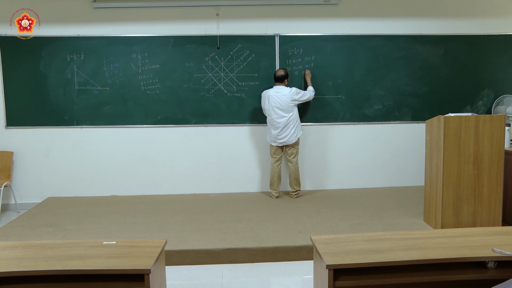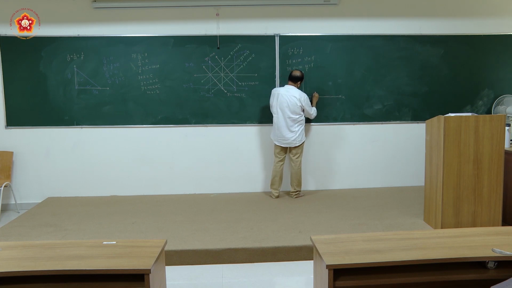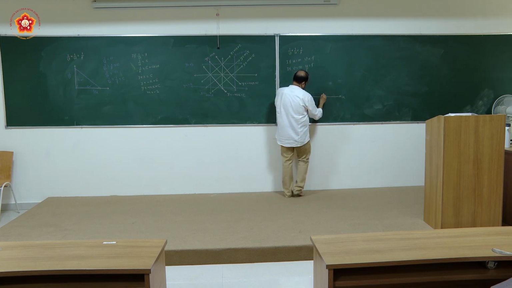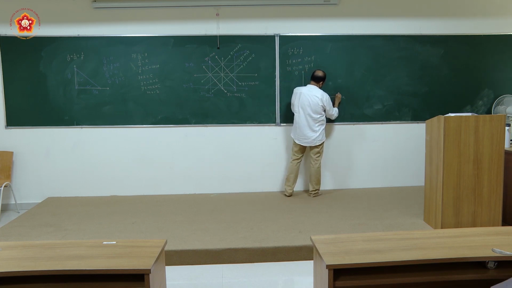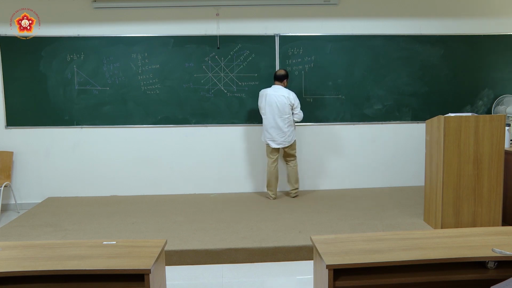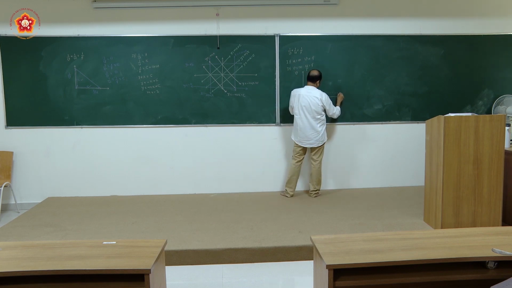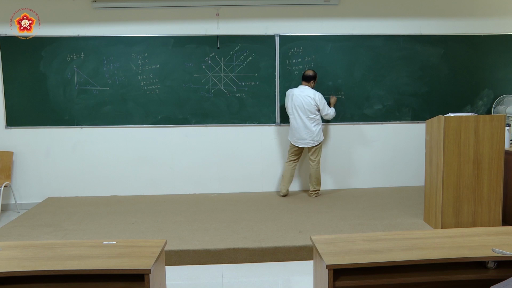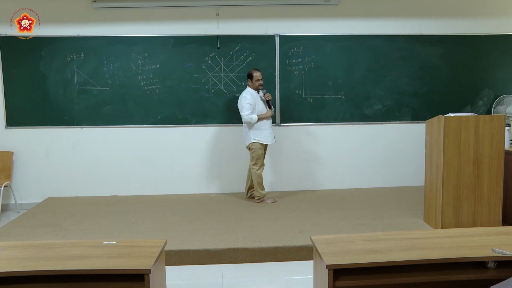This is leading to infinity. Similarly, I will be having here this horizontal line to be drawn, telling you that this will be the value of v to be equal to f when you will be having the value of u moving to the infinity.